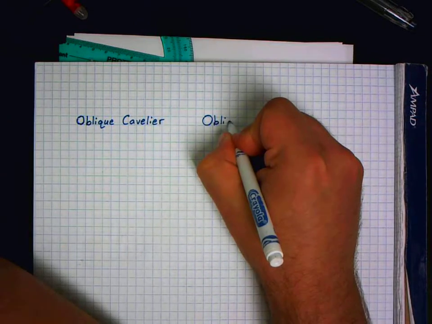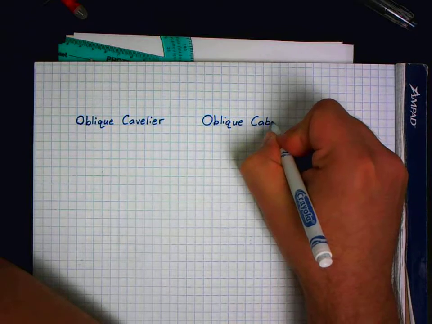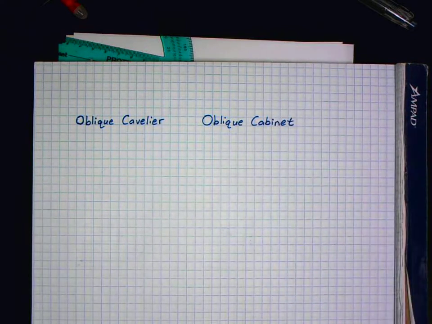We have an oblique cabinet. So we need to go over those two.